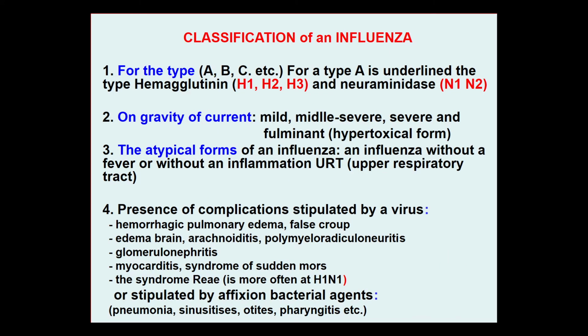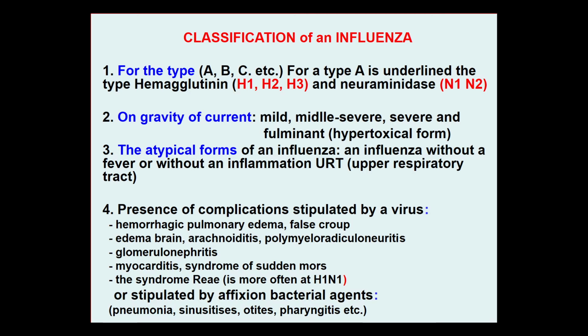Classification of influenza. By type: A, B, C; for type A, the type of hemagglutinin and neuraminidase is underlined. By severity: mild, middle, severe, and fulminant, hypertoxic form. Typical forms of influenza are without fever or without inflammation of the upper respiratory tract.